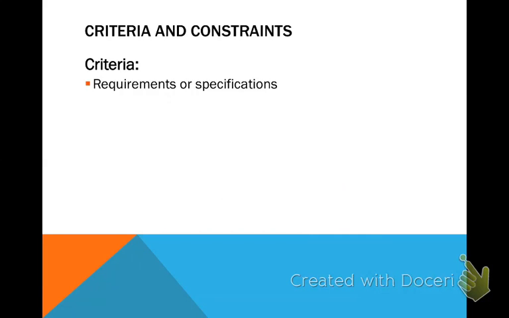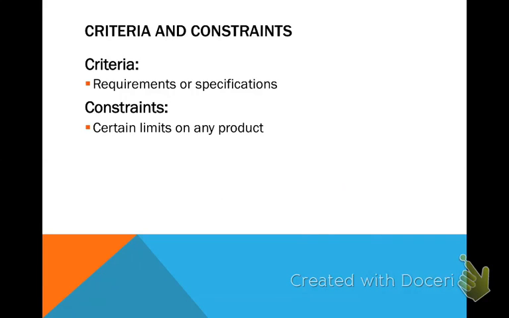So let's say the criteria is our specifications or requirements it has to meet. It has to meet standards so that it will not fall over standing up. Or I want it to be 24 inches wide by 23 inches tall. Those are requirements that I'm asking for.